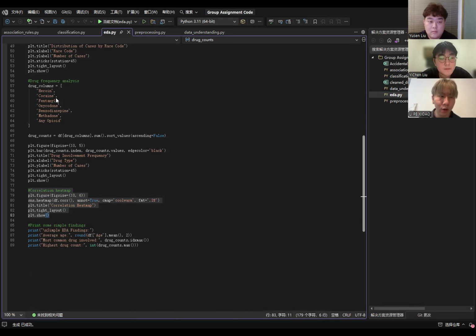From the drug frequency chart, fentanyl appears as the most common substance. The heat map also suggests some positive relationships between synthetic substances. After seeing the graphs, there are also some basic summaries of the results.